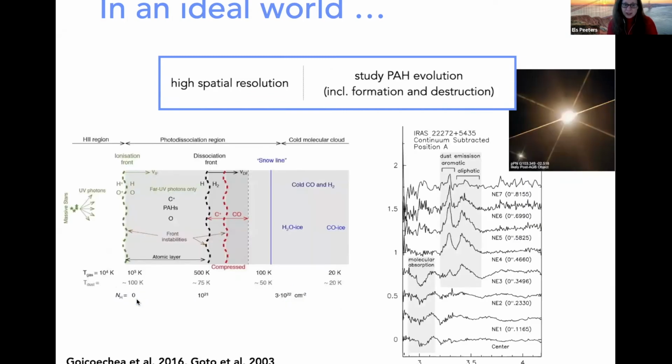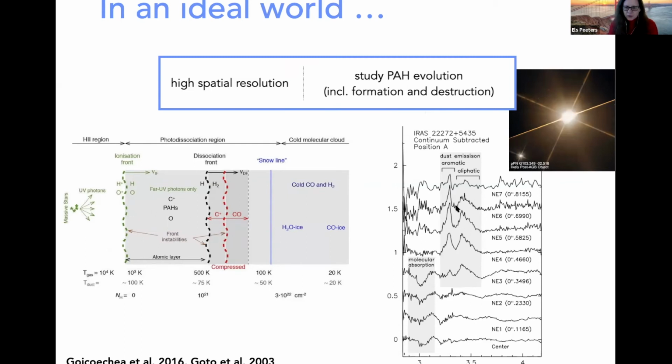In addition, I also would like to have high spatial resolution, because if you want to study the evolution, including the formation and destruction, you want spatial resolution such that you can probe changes on a physical scale that corresponds to the physical scale of these processes. That means you want to be able to probe this stratification in a PDR.